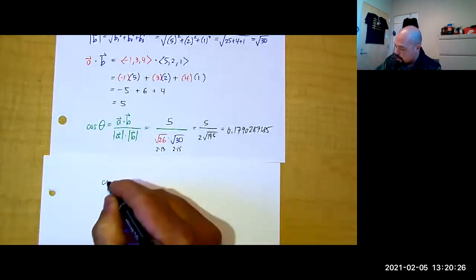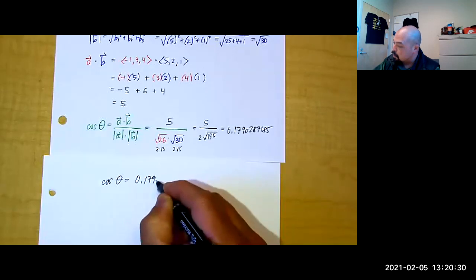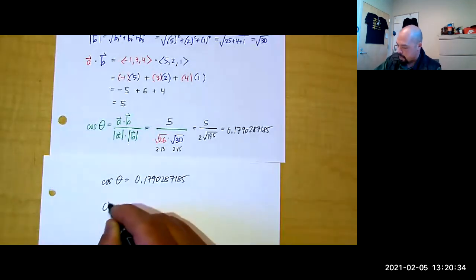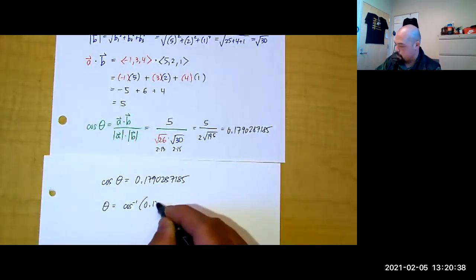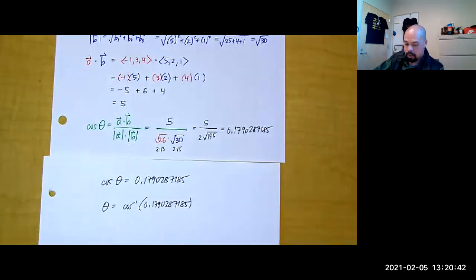So if my cosine of the angle is that decimal, then my angle is going to be the inverse cosine of that decimal. And so in radian form, if my calculator is in radians, good.